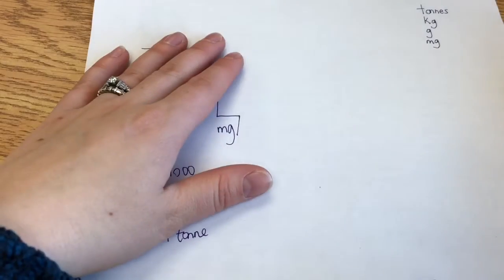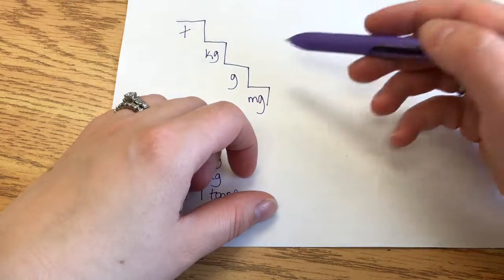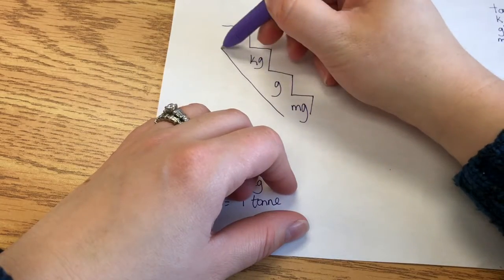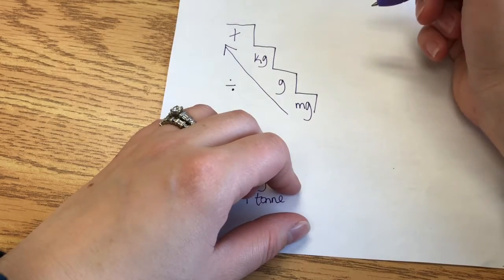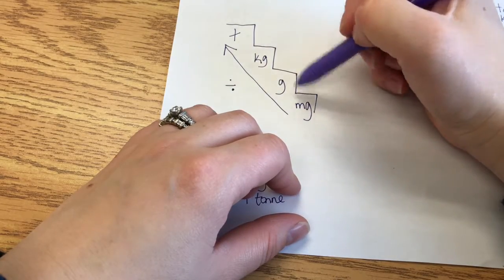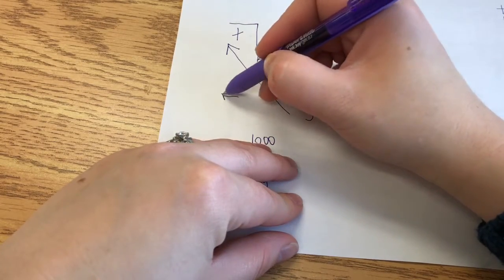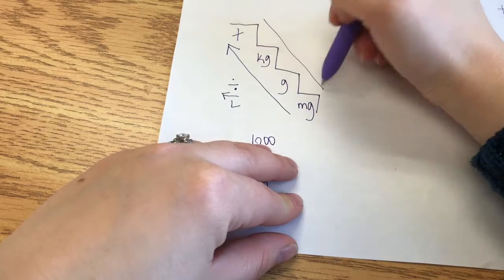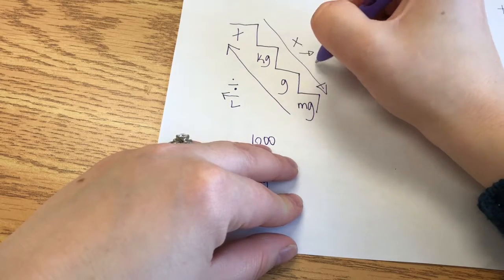Okay, so let's try one here. And so we're going to convert, and the same concept applies. When we're going this way, we are going to be dividing because our units are getting bigger, so our numbers are going to get smaller. So we're going to slide our decimal place to the left. And if we're going down the stairs, we are going to be multiplying or sliding our decimal to the right.